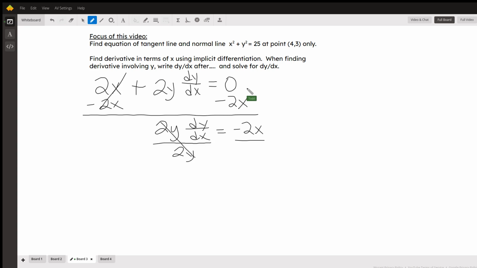So divide both sides by 2y. We get dy/dx equals negative 2x over 2y. It would be nice to reduce. Divide the top and the bottom by 2. So dy/dx is equal to negative x over y. And again, this derivative formula gives you the slope of the tangent line.